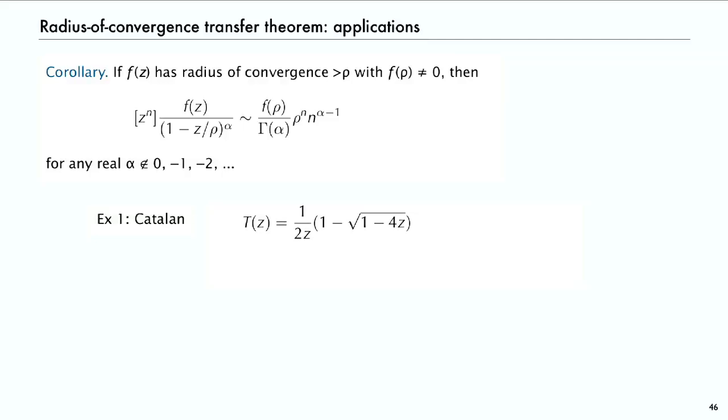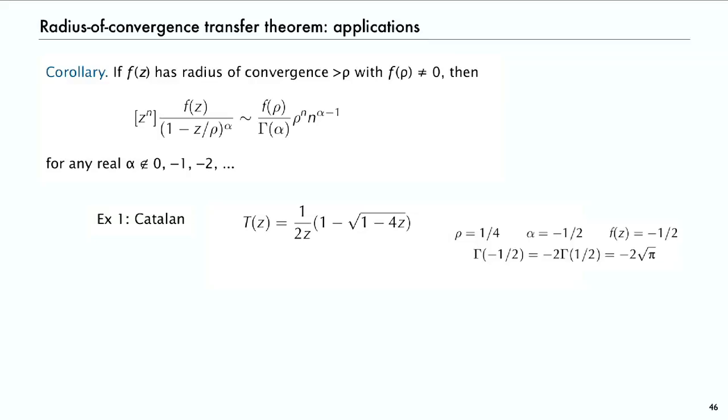But ignoring that, we're using alpha equals minus 1/2, so that's (1 minus z over rho) to the minus 1/2 in the denominator. That's the square root, and rho equals 1/4, so that's the square root of 1 minus 4z. And then f in this case is just a constant, the half out front.